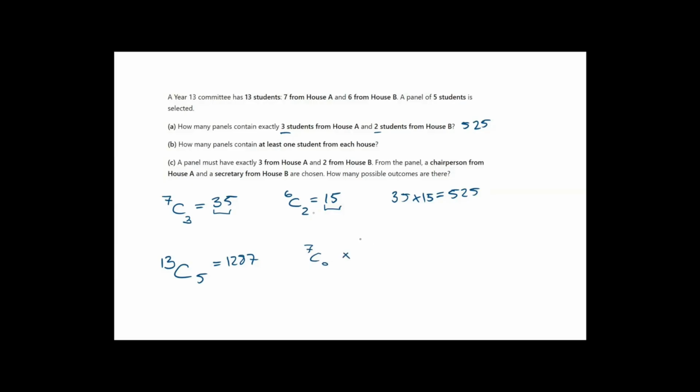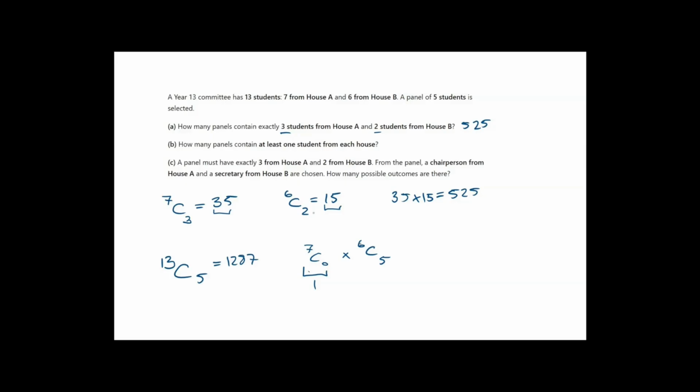And that means that in the other one, we would have 6, and we're going to be choosing 5 of them. So just run that in your head. So this is the number of ways that we can choose no students from the first group, House A. There's only one way of doing that, and that's just choose none of them.